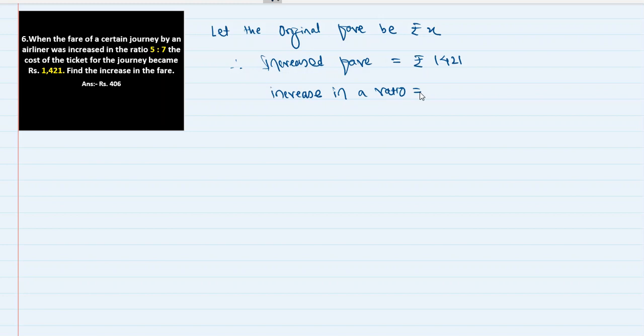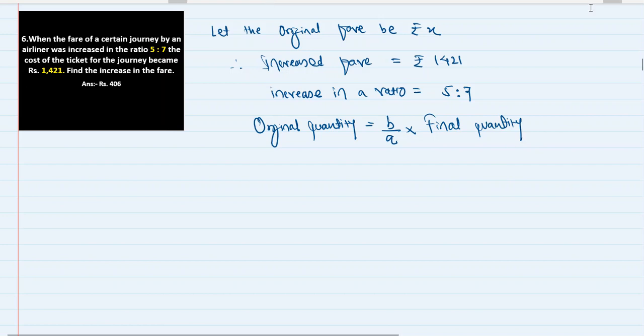Okay, what is the increase in a ratio? 5 is to 7. Okay, so what formula do we know? Formula is original quantity is equal to B by A times the final quantity.